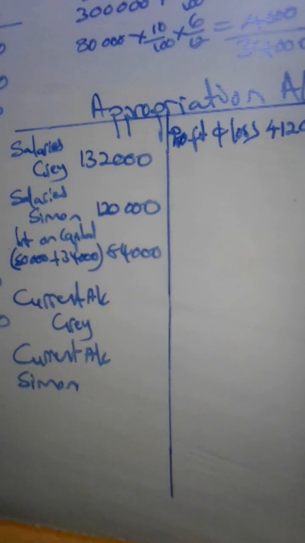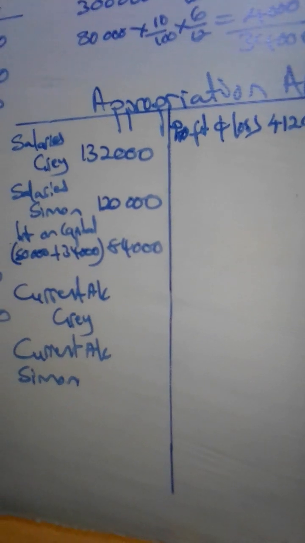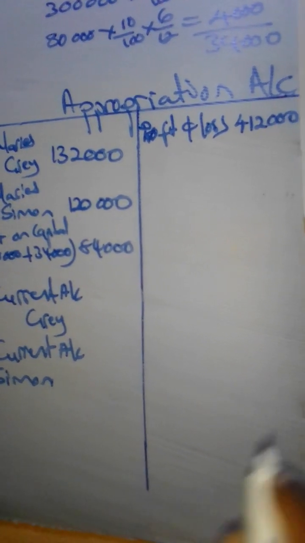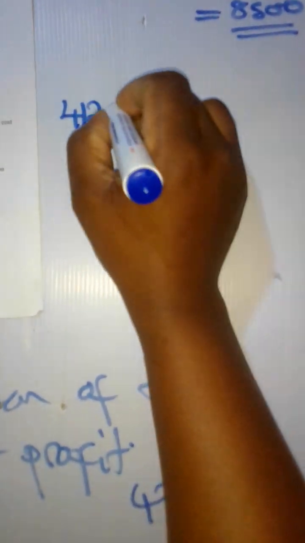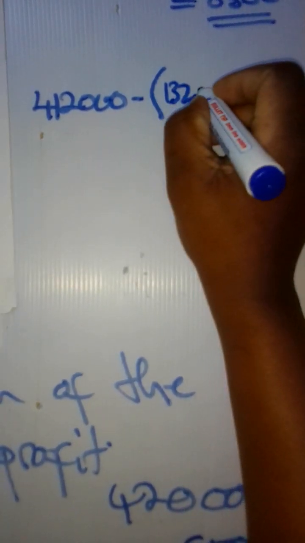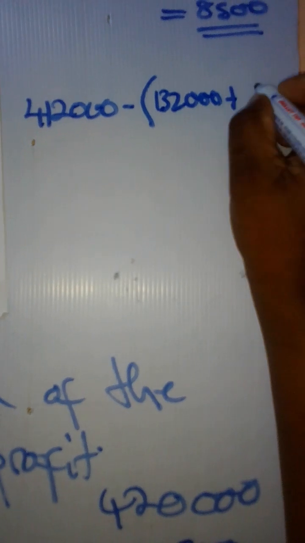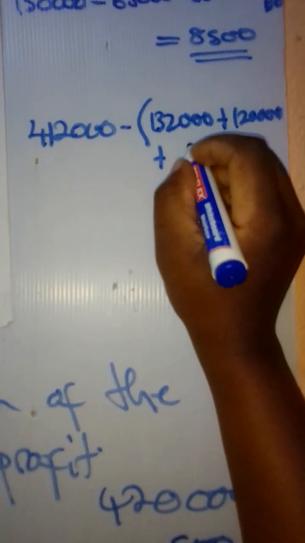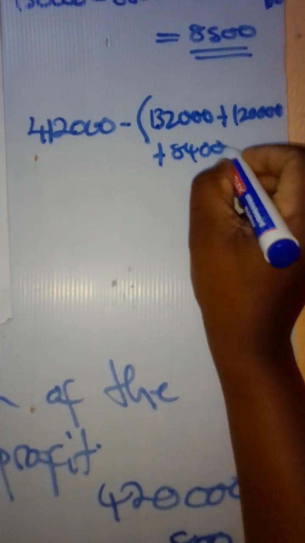Let's find out exactly how much. First of all, we need to find out how much money was left after the primary distribution. So we are going to say the profit 412,000 minus 132,000 for the salary, plus 120,000, plus also the 84,000.